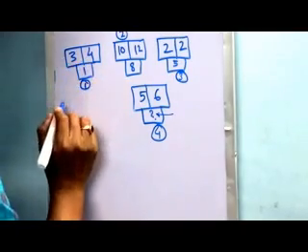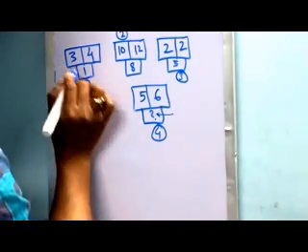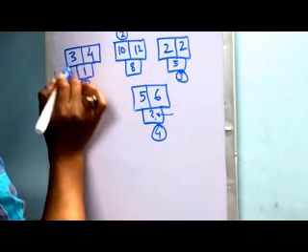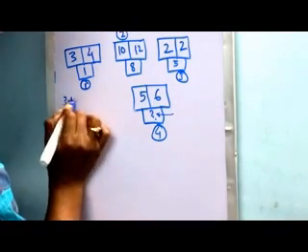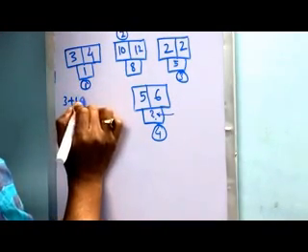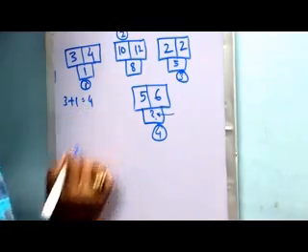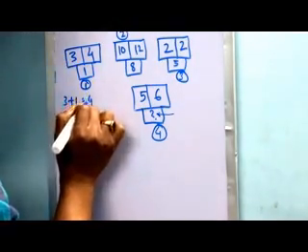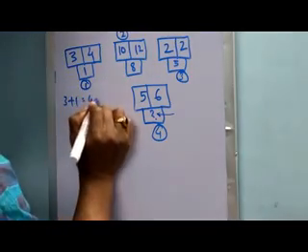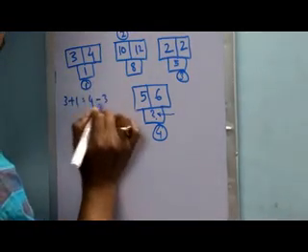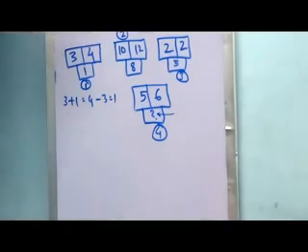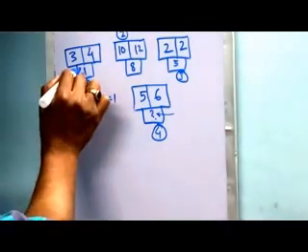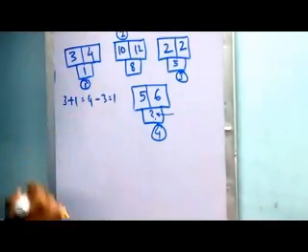Let's add the top left number and the bottom number. 3 plus 1, what we get? Equal to 4. Now subtract the top left number from the addition of these two numbers, that is 4 minus 3. What we get? The number 1. That one is put in the bottom section.